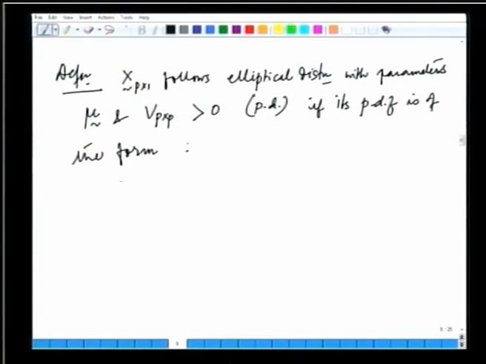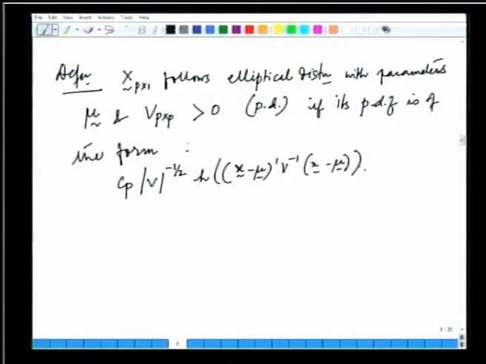Cp determinant of V raised to the power minus half, and then we have a function of this type of x minus mu transpose V inverse x minus mu, right. And the notation that we use is x follows E_p with parameters mu and V, right.